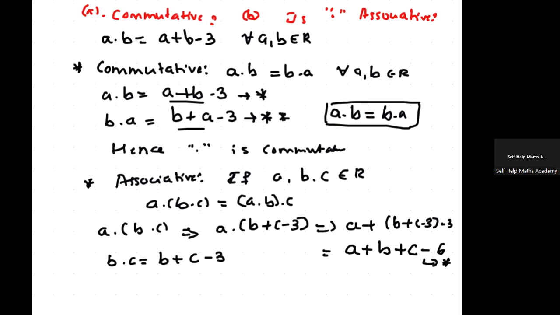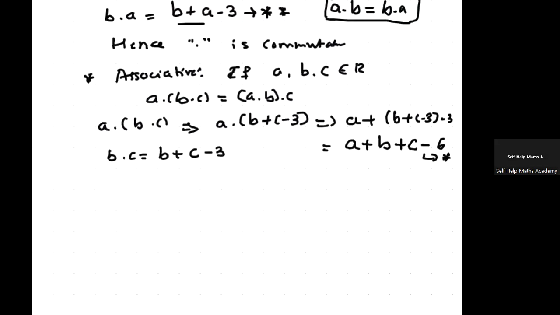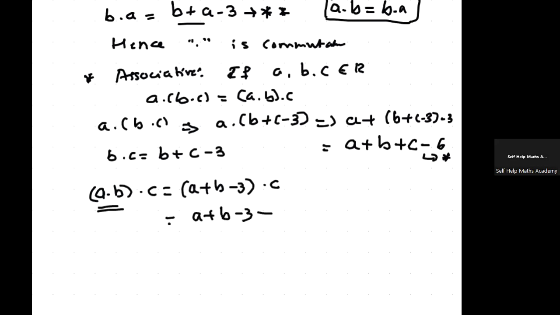Okay, so now I'll take the other side, that is (a dot b) dot c. So a dot b is already defined. Let me take this as a plus b minus 3, and dot c as it is. So now this is the first element. I can write first element plus the second element minus 3.